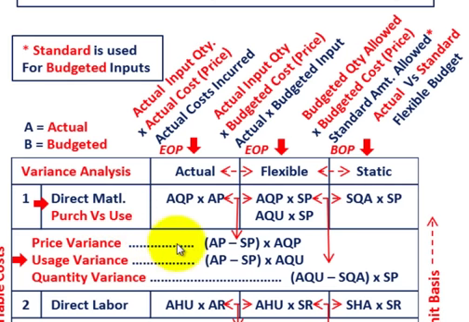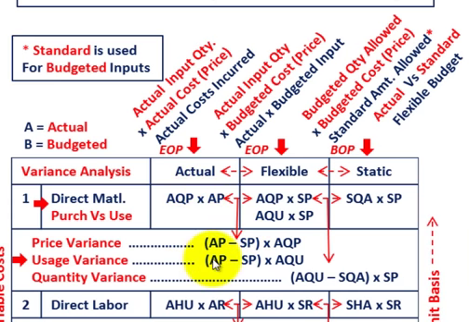For our price variance, our actual cost would be the actual quantity that we purchased times our actual price. The flexible budget would be, again, the actual quantity we purchased times the standard price per unit. So our price variance is the difference between our actual price and our standard price, times the actual quantity that we purchased.